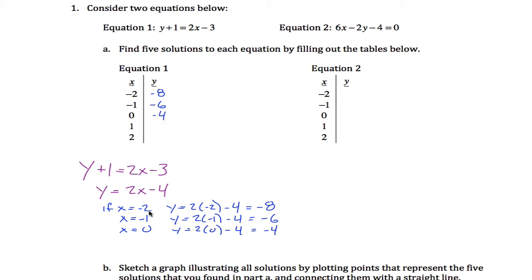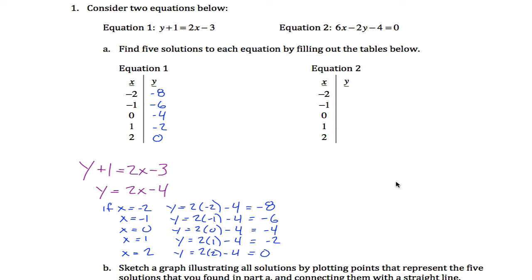By now you might be seeing a pattern, so you might skip these last couple, but I'll do them anyway just so my solutions look more complete. 2 times 1 is 2, minus 4 gives me negative 2. The pattern continues. And finally, x equals 2, we get y equals 2 times 2, which is 4. Minus 4 gives us 0, so we get a 0 there.